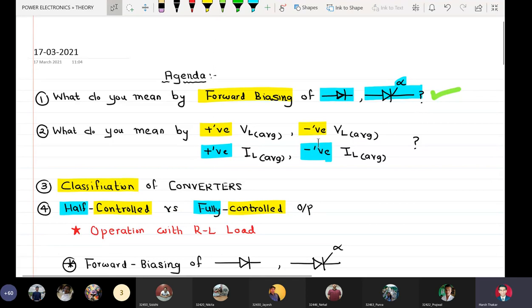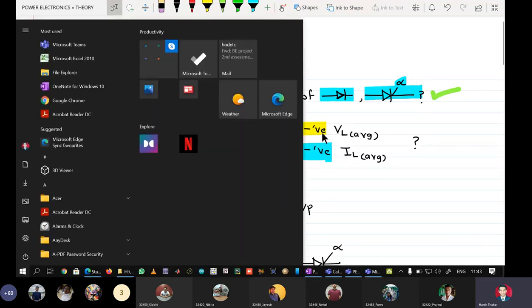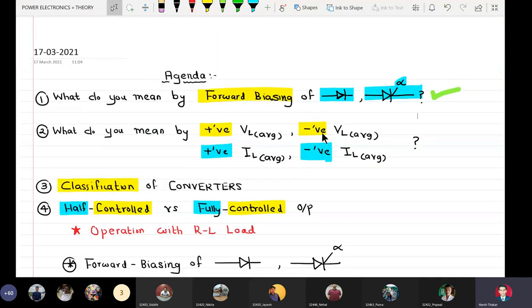Okay, yeah. Now understanding of point number 2 will lead us to understand point number 3 very easily.